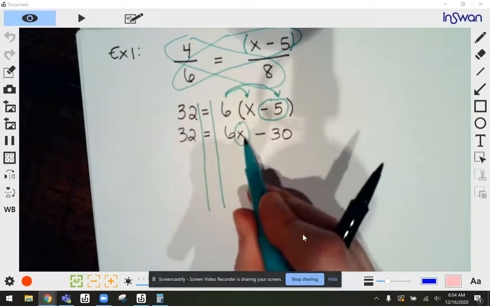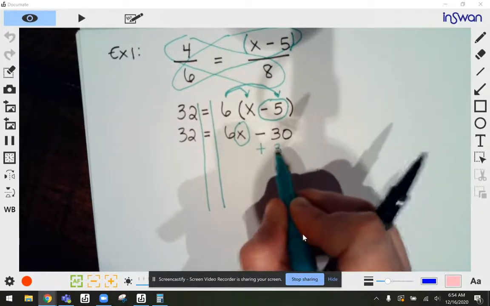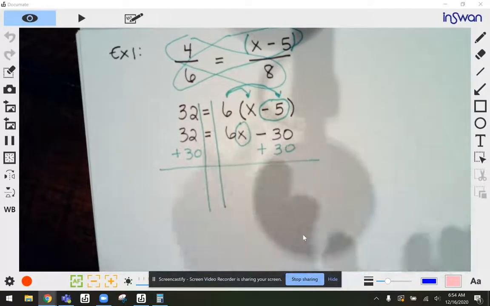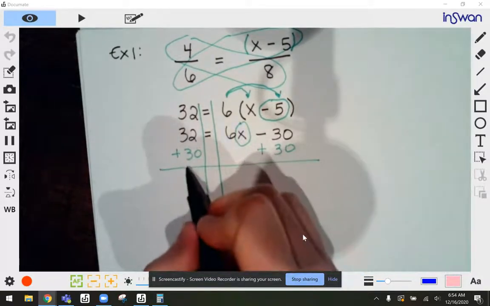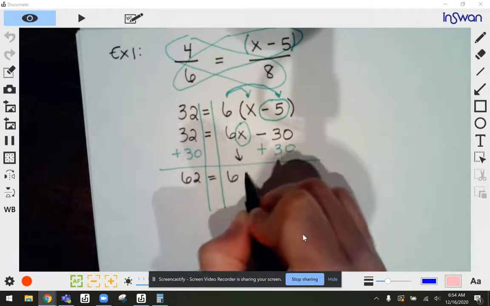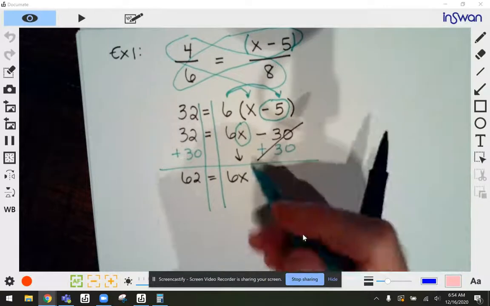On the side with the variable, we want to get rid of the constant first. So opposite, inverse operation would be to add 30. So 32 plus 30 is 62. Bring the 6x down, and the 30 and negative 30 cancel each other out.